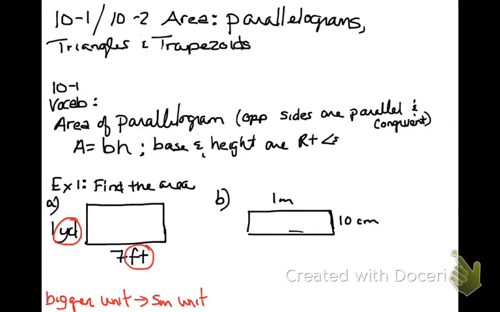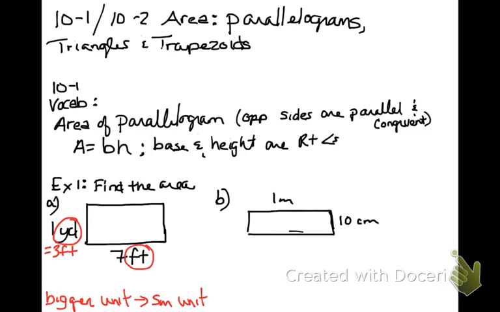So I know that 1 yard equals 3 feet. So I have just changed 1 yard to 3 feet. If it was 2 yards, you would multiply 2 times 3, which would make it 6 feet.